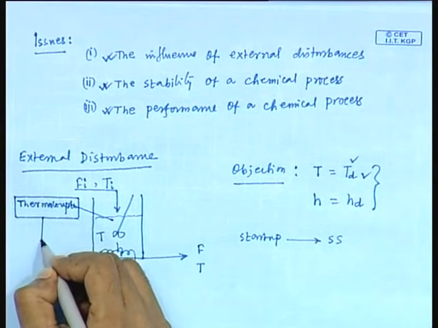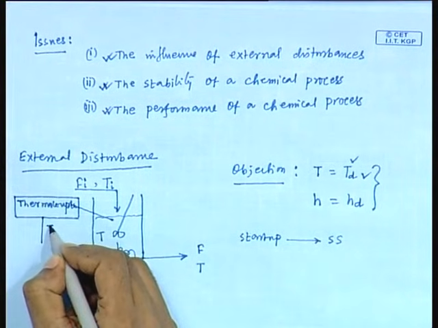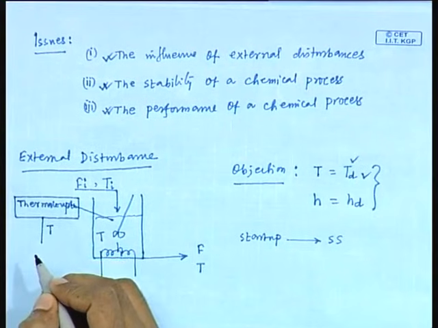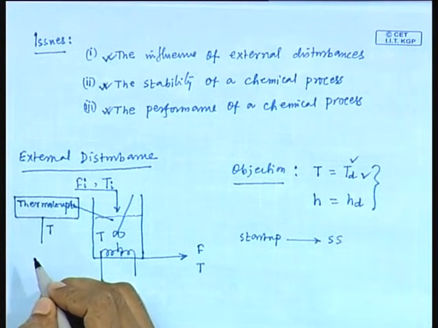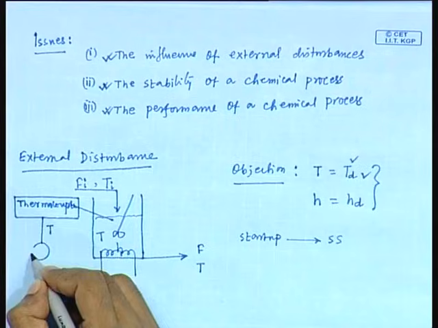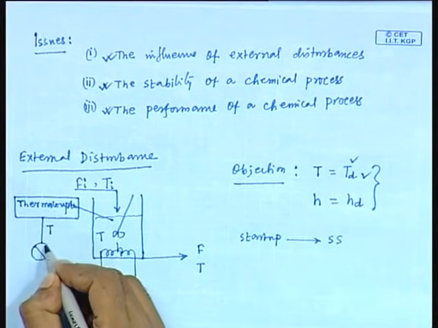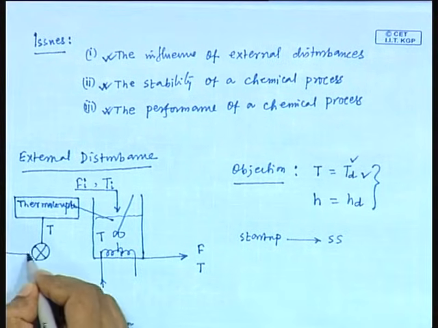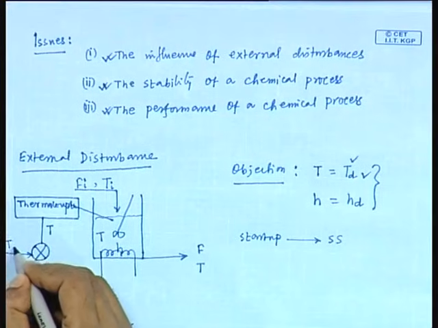And suppose the thermocouple outlet, I mean the temperature which is measured by that thermocouple, that is exactly the liquid temperature T. Now, this temperature is then compared with the desired value, that is T D.